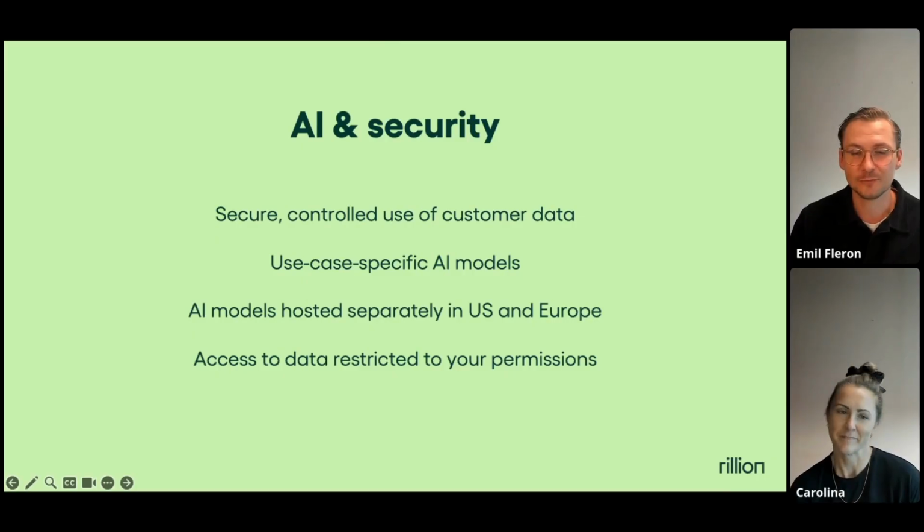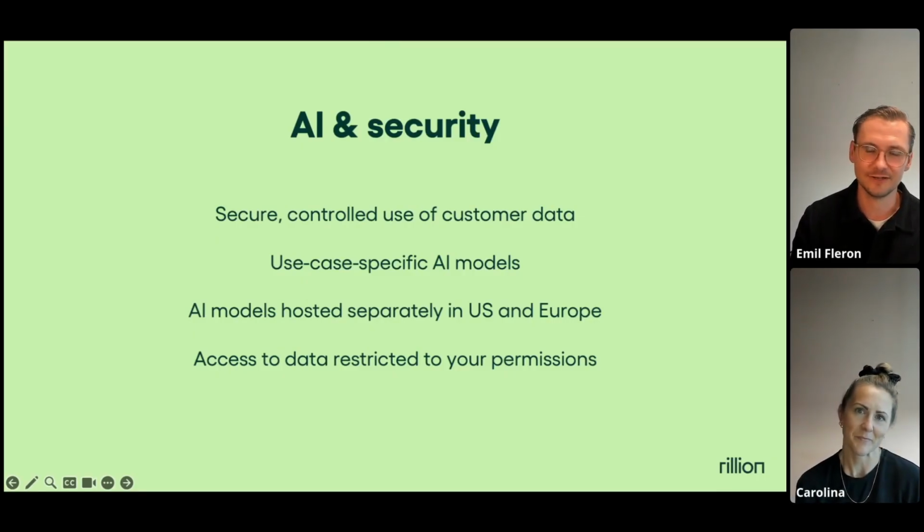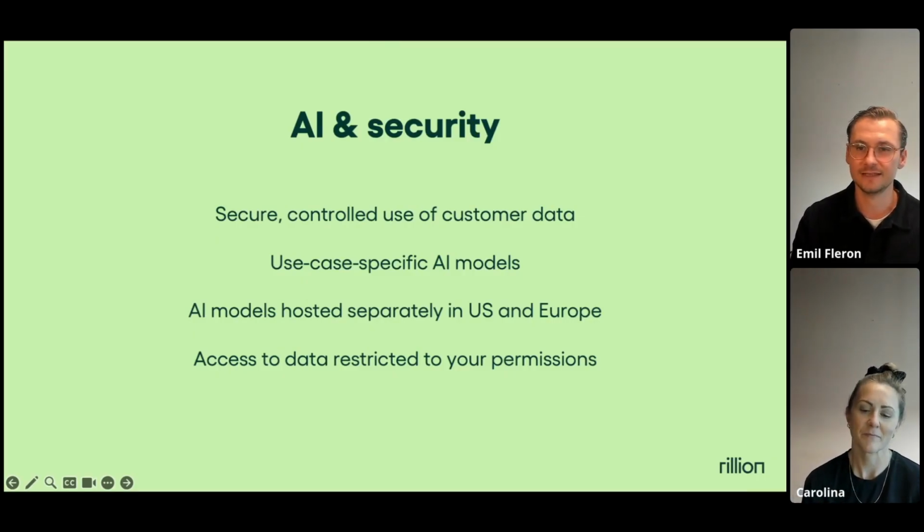And I think this is a really important point, given what we've already seen regarding usage of AI and different AI tools. One of the best things with Riley is that it's one of these powerful AI assistant tools, but it's secure in the sense that your data is not leaving the product and your data region, and it's also use case specific.